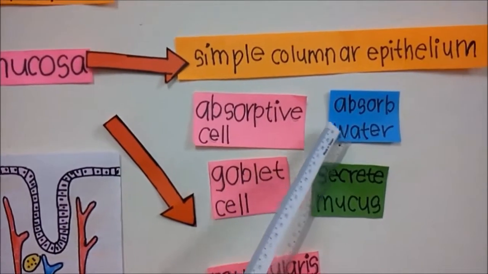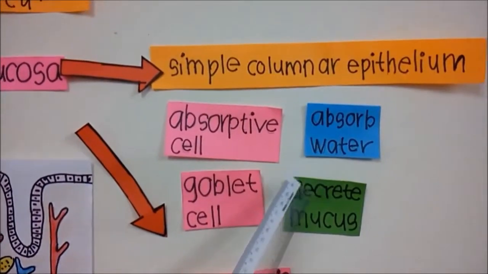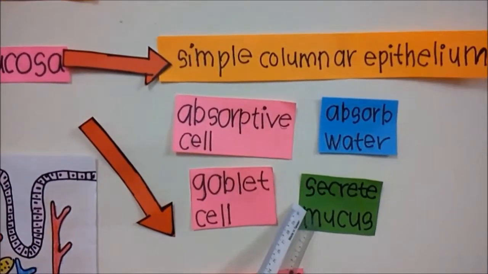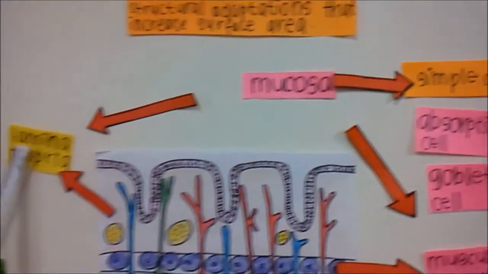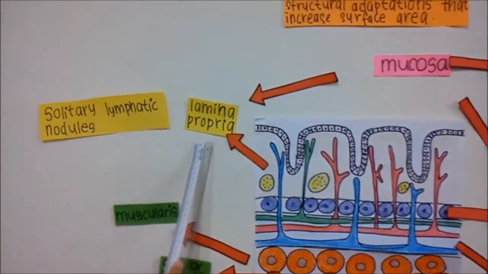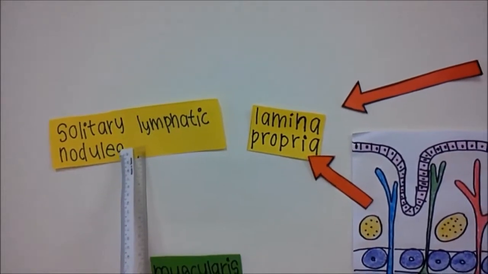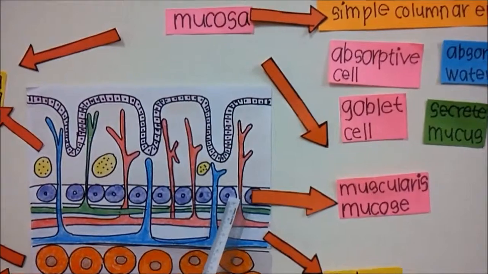The function of absorptive cells is to absorb water, and the function of goblet cells is to secrete mucus. Secondly, lamina propria also has solitary lymphatic nodules, and lastly, muscularis mucosae.